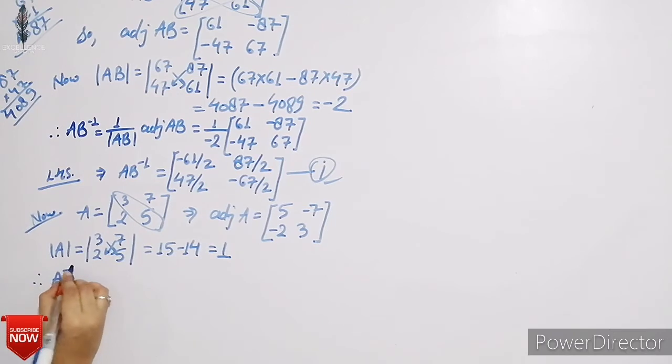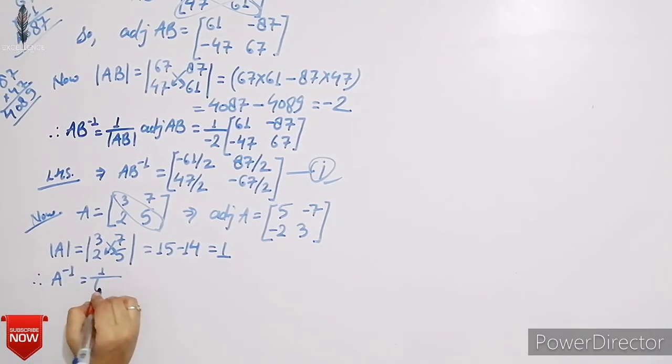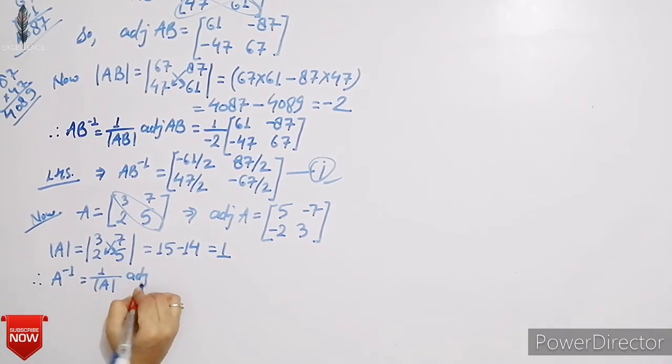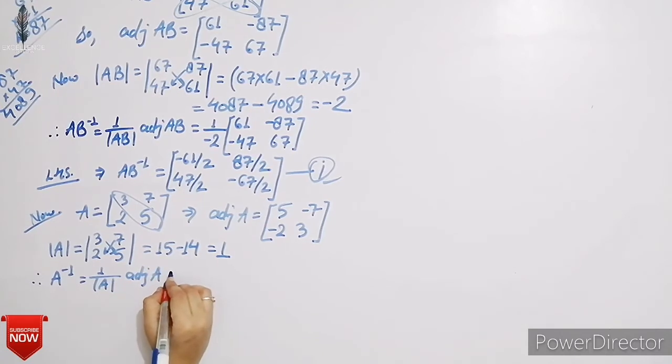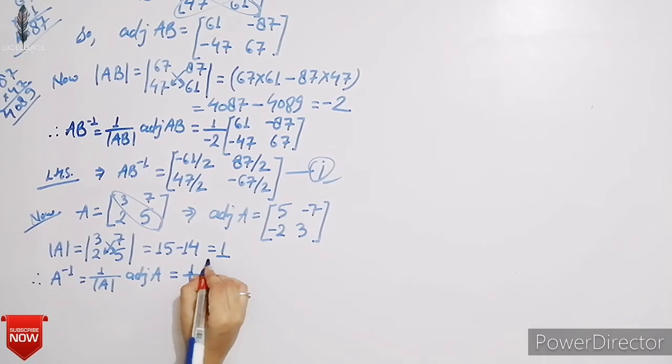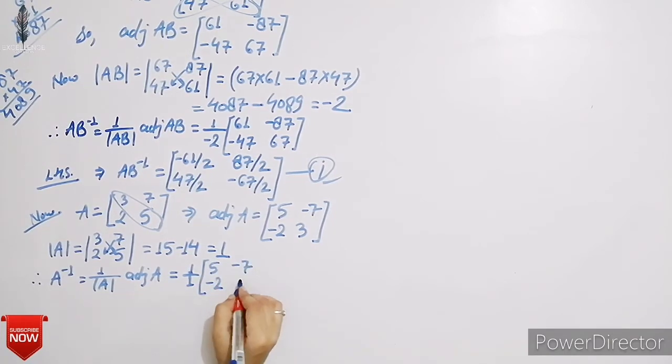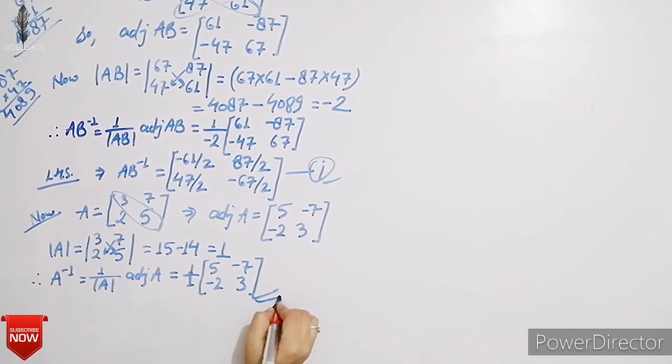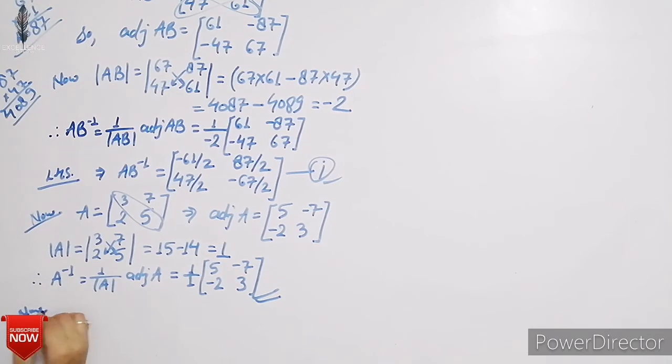So A inverse is equal to 1 by determinant of A into adjoint A, that is 1 by 1 into adjoint of A, that is 5, minus 2, minus 7, 3, which is the required inverse of this matrix.